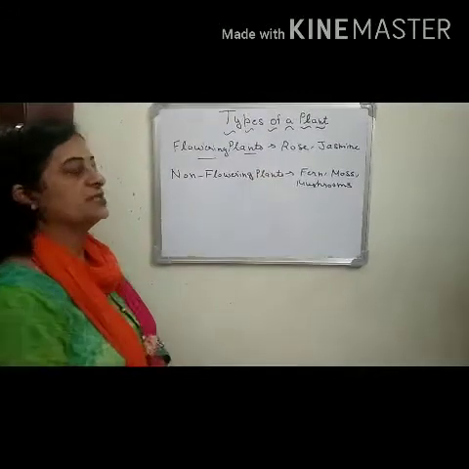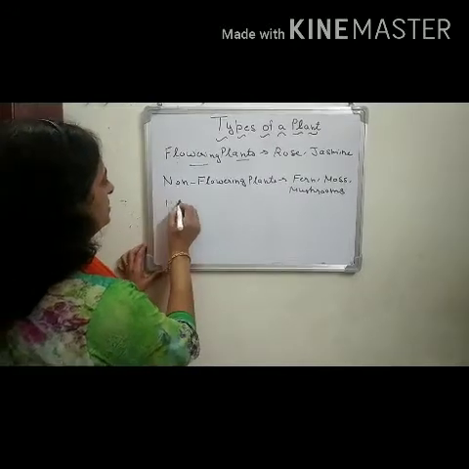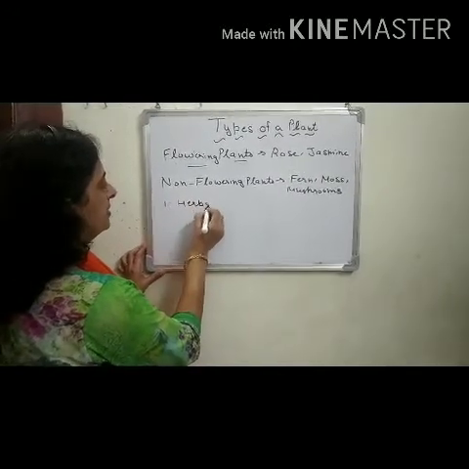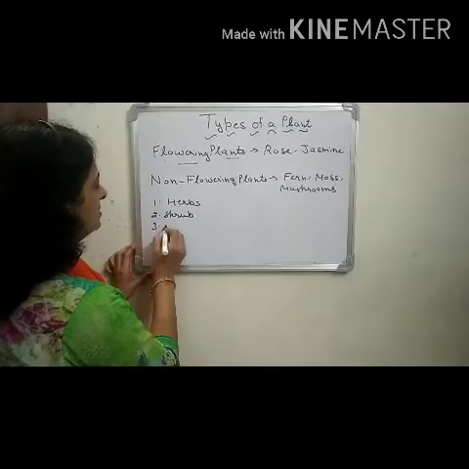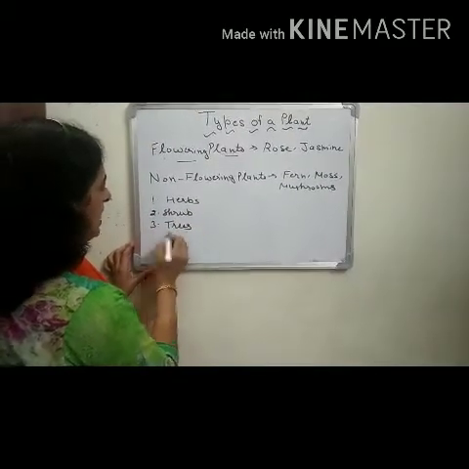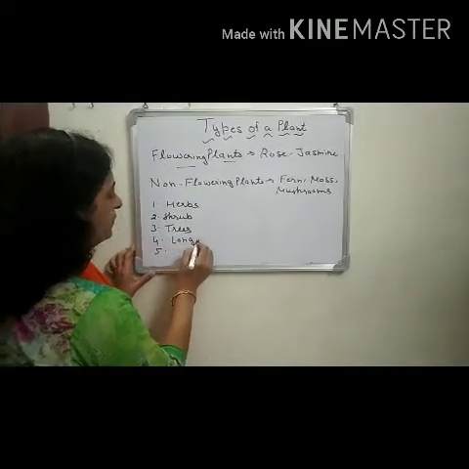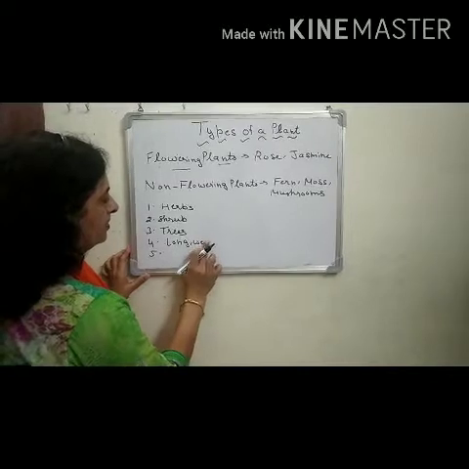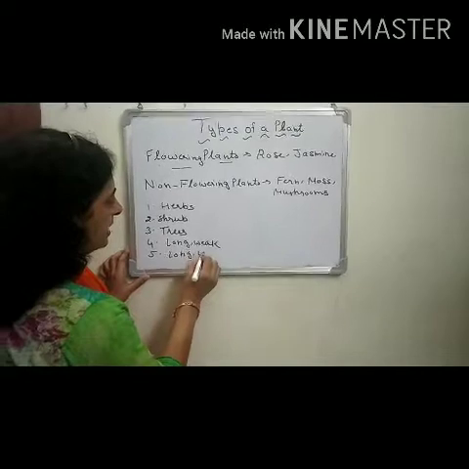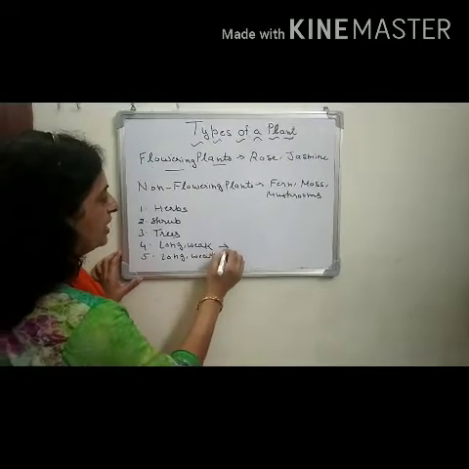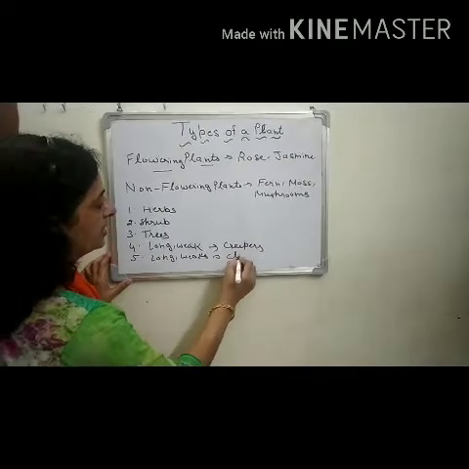On the basis of size, plants can be divided into three categories. First is herbs, next is shrubs, and next is trees. And on the basis of long and weak stem, plants can again be divided into two more categories: creepers and climbers.